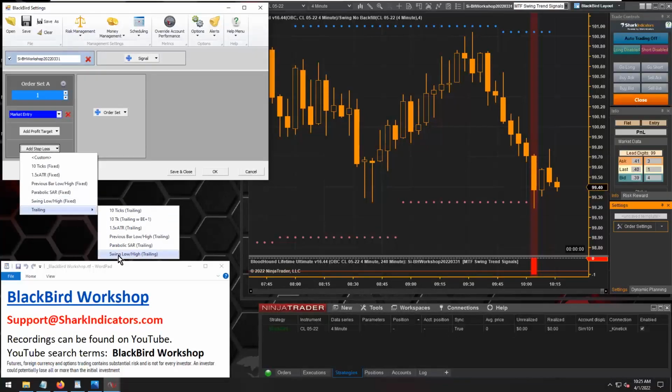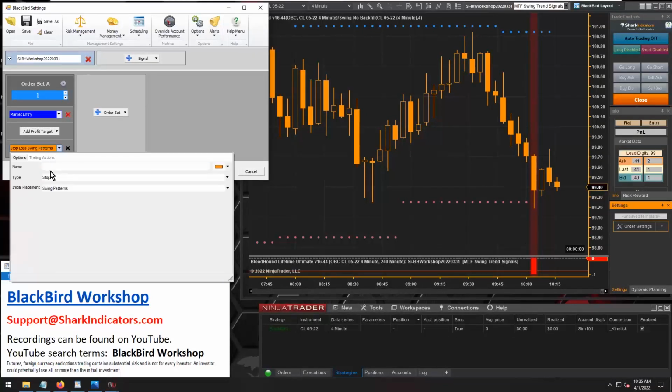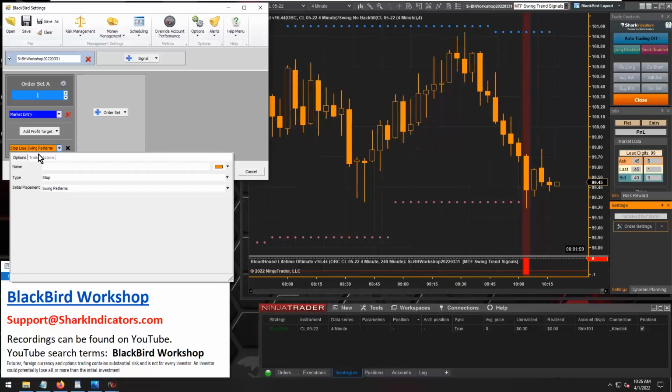So let's select that, and then we're going to open up the stop loss, and we're going to have to make some modifications, right? That quick list uses the swing highs and lows indicator that comes with Bloodhound. So it's not using NinjaTrader's swing indicator. It's using the swing highs and lows.